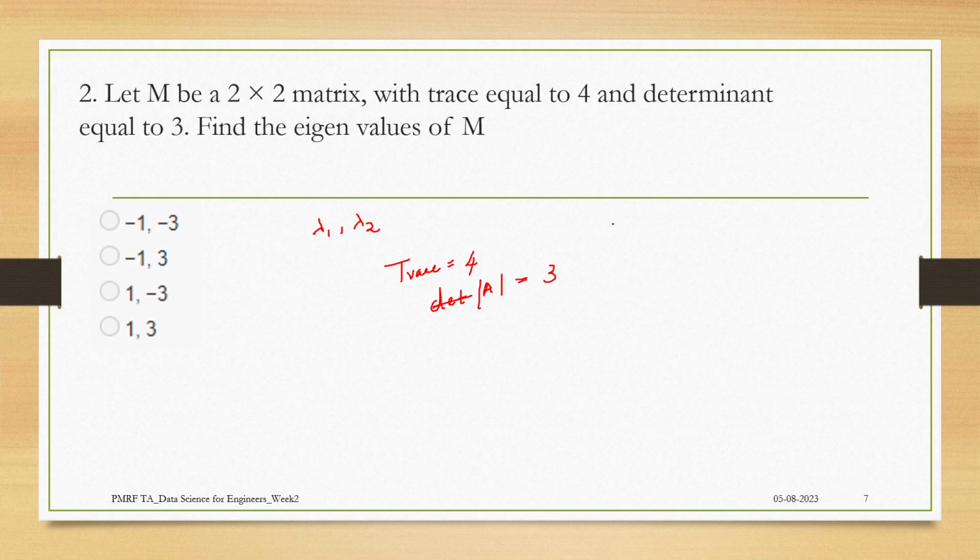What you have to know is that the sum of the eigenvalues will be 4 and the product of the eigenvalues will be equal to the determinant. Some have given 1, 3. What is trace? Trace is the sum of the diagonal values of a matrix.